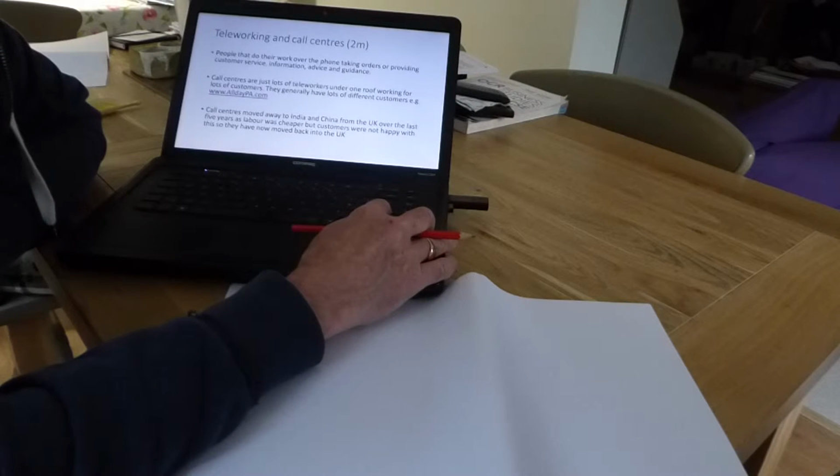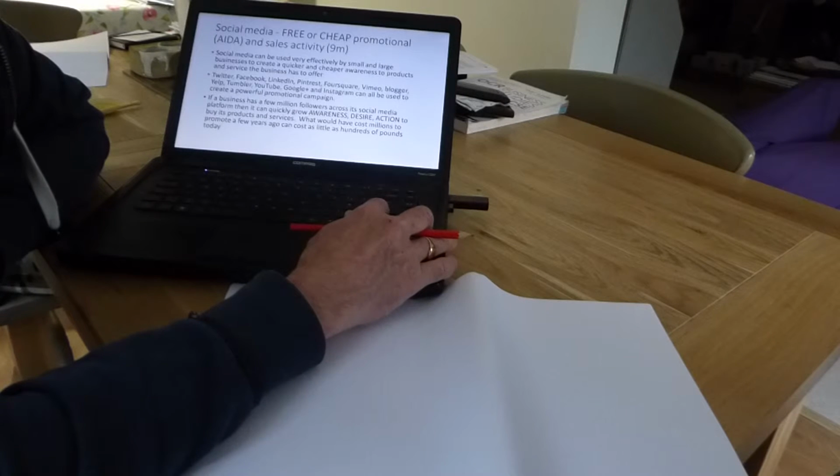Call centres originally set up in the UK, where lots of people were working under one roof, supplying services to lots of different customers, and then there was a trend of call centres moving away from the UK to India and China, and recently those call centres have been criticised for not having particularly great English speaking people, or people that were competent in dealing with people's money and services. So there's a trend for those moving back now.